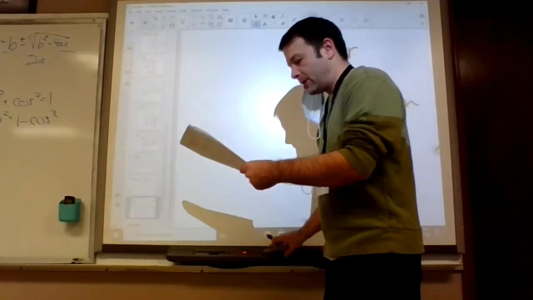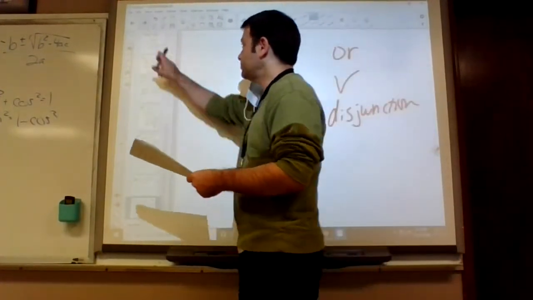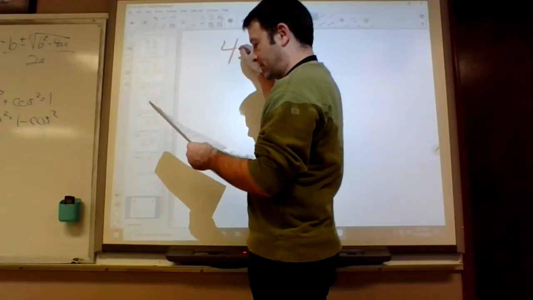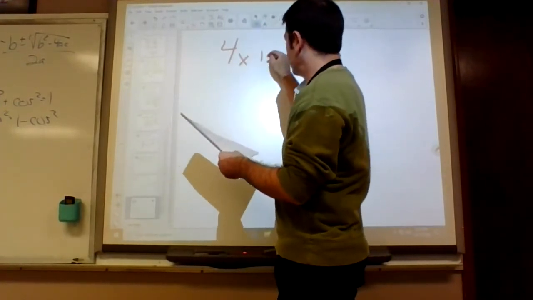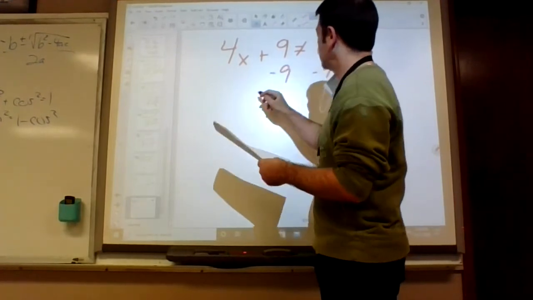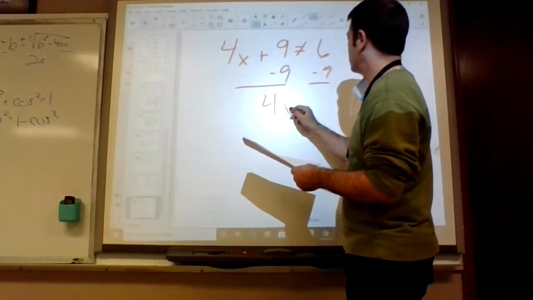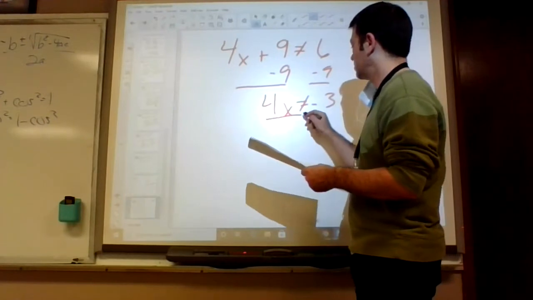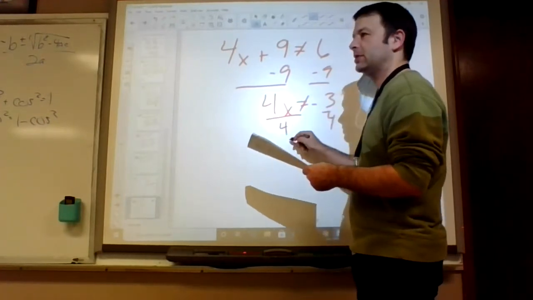So on 24, how would we solve that? First you subtract 9, then divide by 4. Negative 3 over 4.